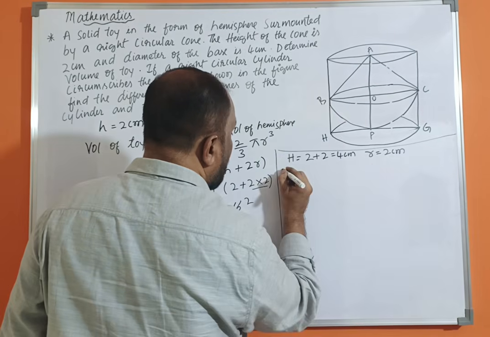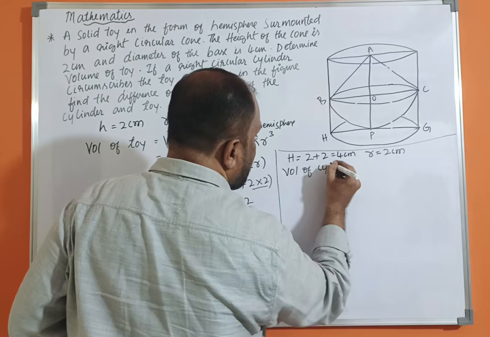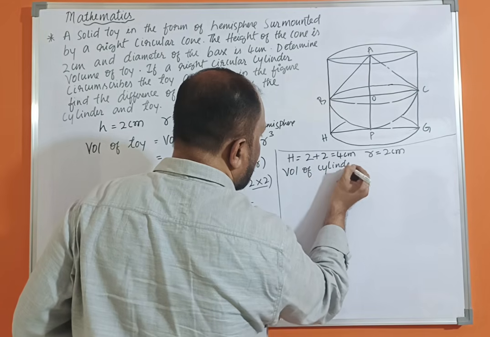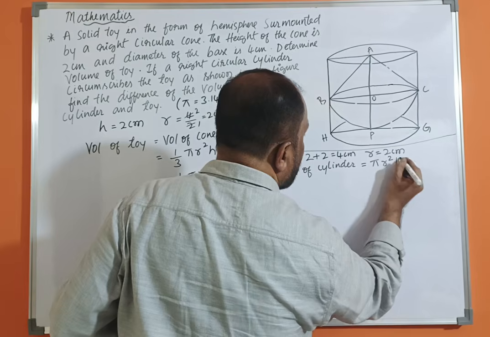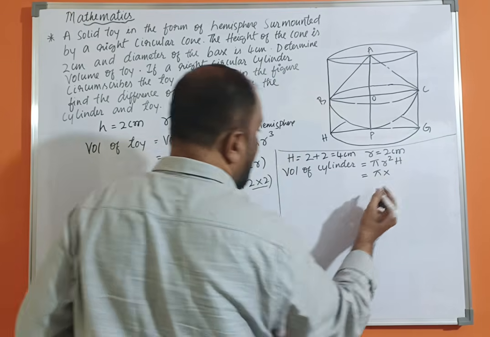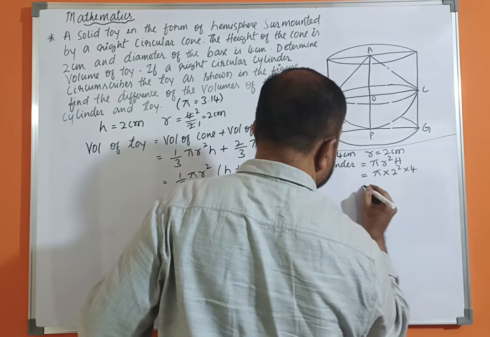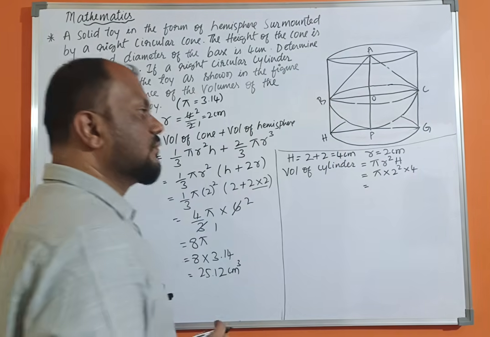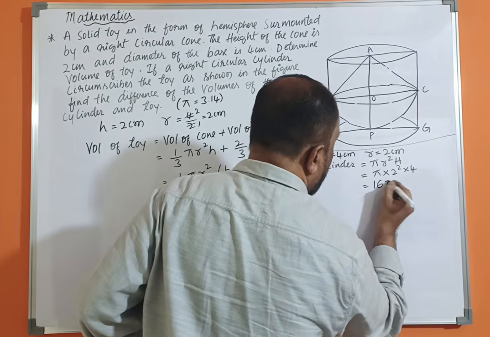So now the volume of cylinder is equal to pi r square capital H. Pi into 2 square into 4. 2 2s are 4, 4 4s are 16 pi.